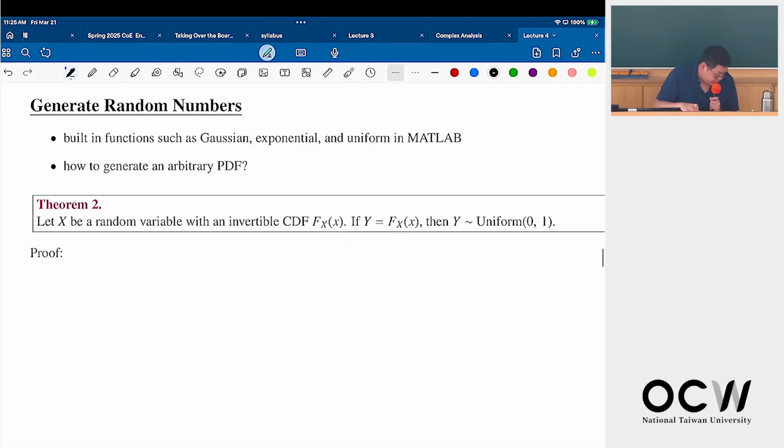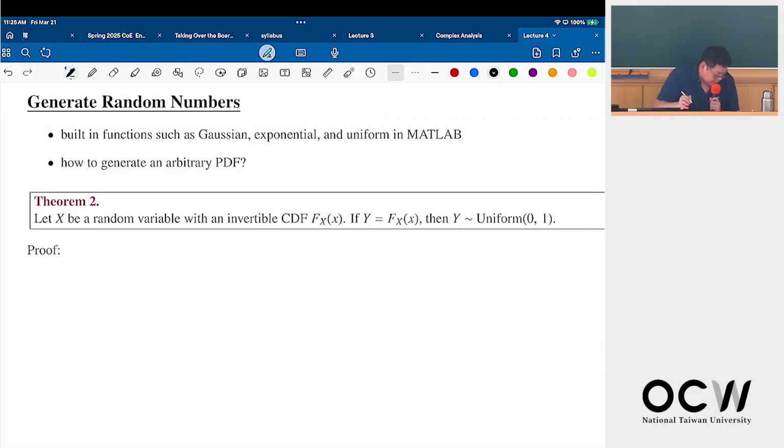Let's prove this. Uniformly distributed means, okay, I have a random variable u that is uniform from 0 to 1. This means the PDF is 1, and this u is between 0 and 1.